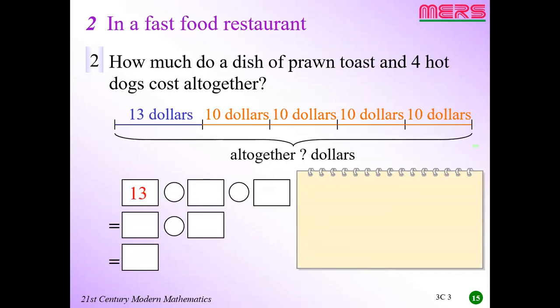The number sentence will be 13 plus 10 times 4. You can change the order like 10 times 4 plus 13. It will be okay. So do the column form on your right-hand side.